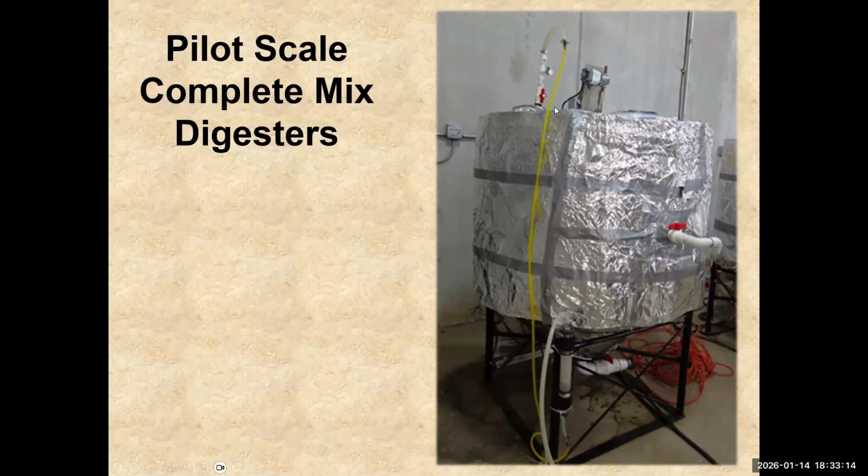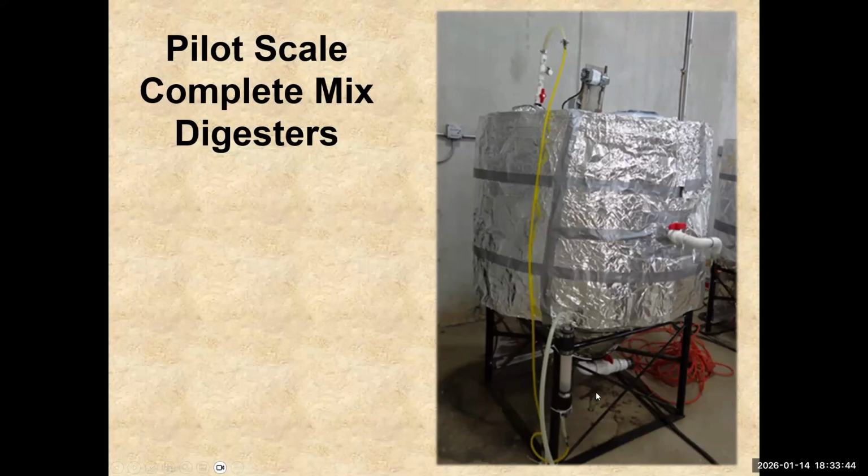As the biogas was produced, it exited the digester through this biogas collection port here. This is where we were able to collect our gas samples directly from the digester so that we could measure how much methane was in our biogas. Then the biogas traveled through this tubing and exited the digester, but before going into the biogas collection bags for storage and measurement, it flowed through this moisture trap as well as this desiccant trap to remove the water.